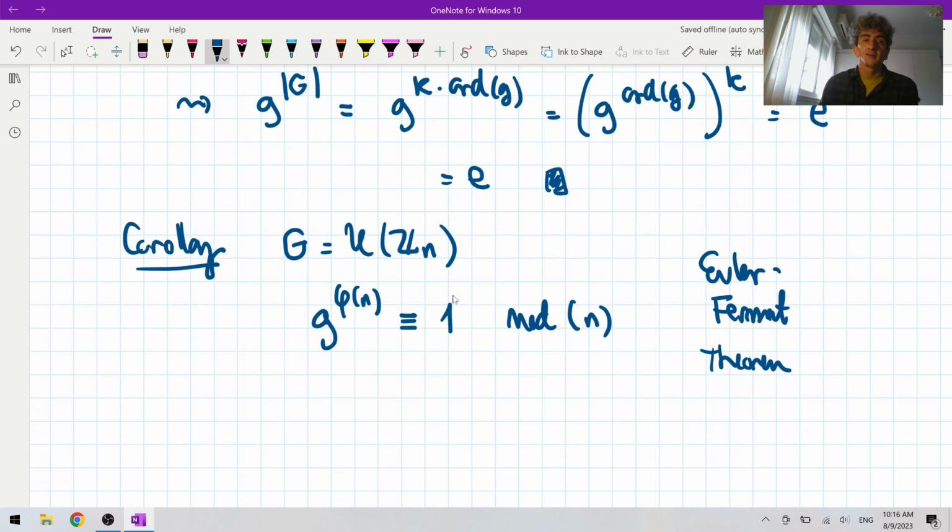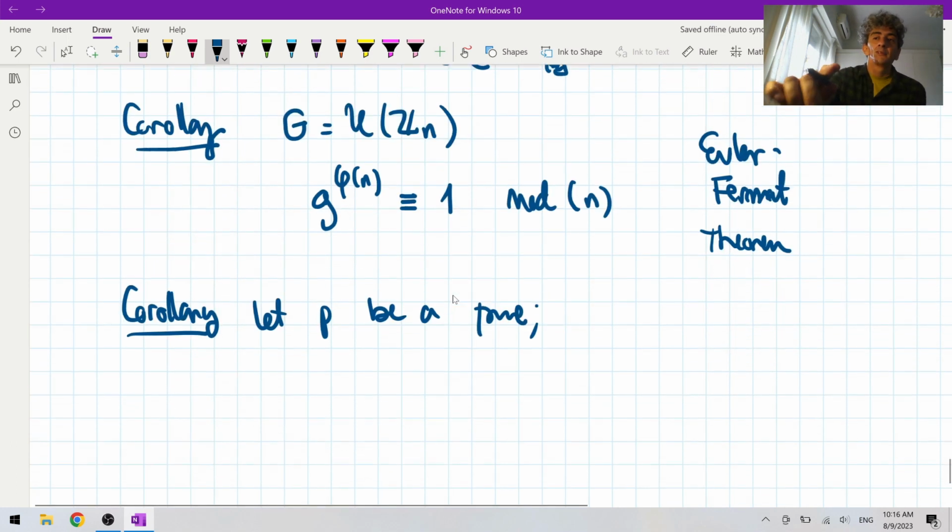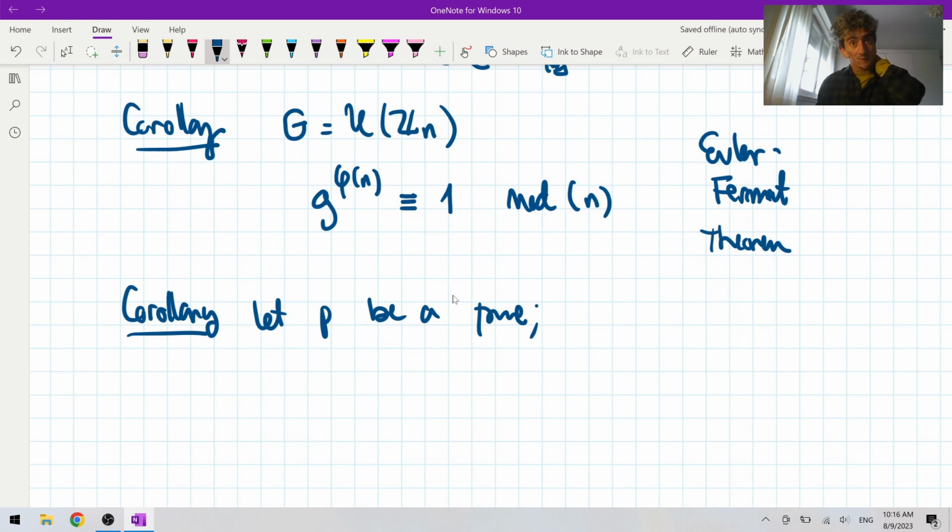Okay, then another corollary is, let p be a prime. So first of all, phi of p is actually p minus 1, since every integer greater than 0 and less than p is coprime with p, because p has no non-trivial factors.